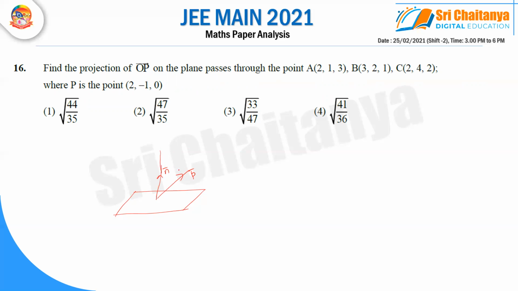Projection of OP bar on the normal vector can be found. So once I get that, I can find the component perpendicular to it. If I am finding that, directly I will be getting the answer. It will be nothing but this length you can take. So if you are solving this, you will be getting the answer as root 44 by 35.